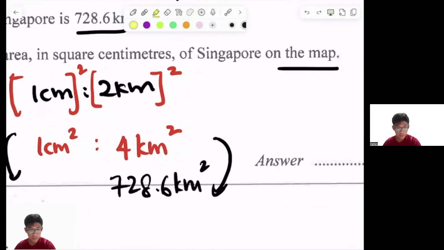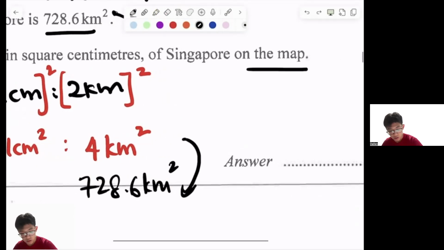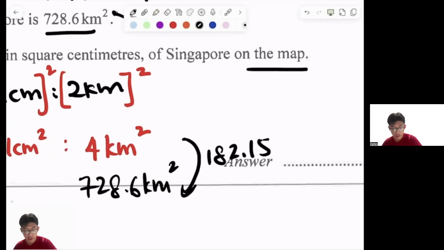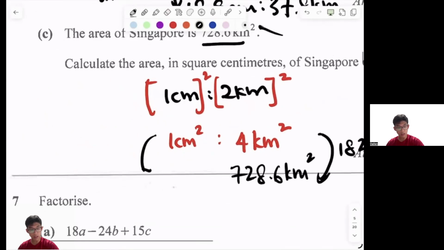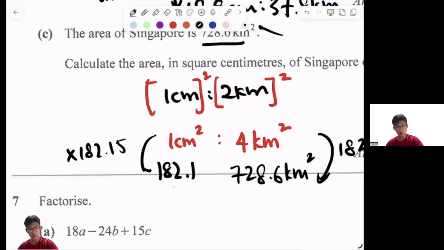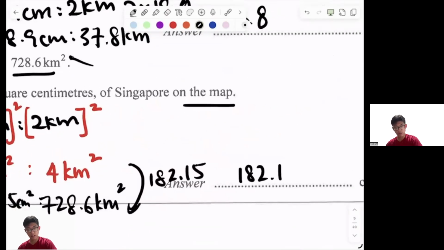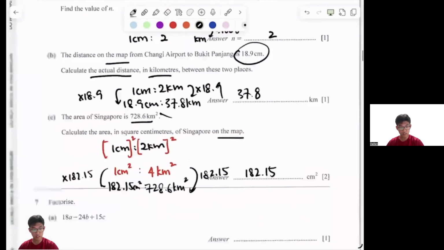How do we find that out? We just take this, divide by this. In your calculator that will be 182.15. So for this, we multiply by 182.15 to get 2.15 cm square. Okay, so that is question 6.